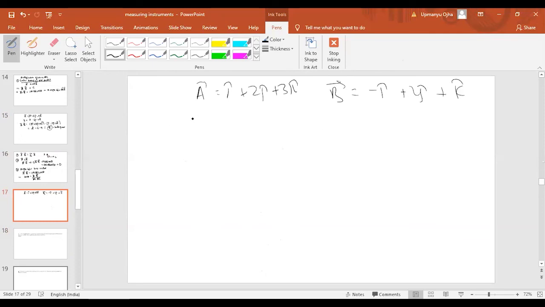Okay, then we have to find the angle between the two vectors. To find the angle between the two vectors, we have to find cos theta. Cos theta must be equal to a vector dot b vector by mod of a mod of b.